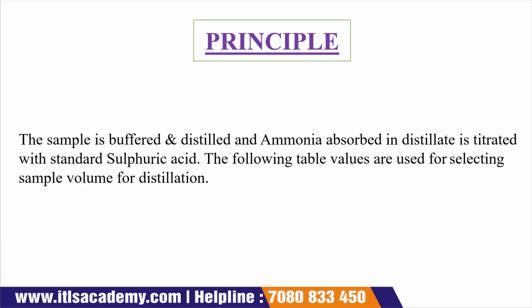Now the next one is your principle. The sample is buffered and distilled and ammonia is absorbed in a distillate. So what we have to do is take a sample, buffer it, and then distill it. The ammonia is absorbed during distillation, and then it is titrated with a standard sulfuric acid.